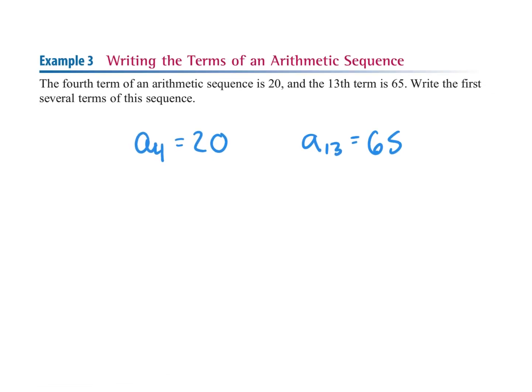To start, we want to figure out how many numbers we have going from 4 to 13. 13 minus 4 is 9. So we have 9 numbers from one to the other.